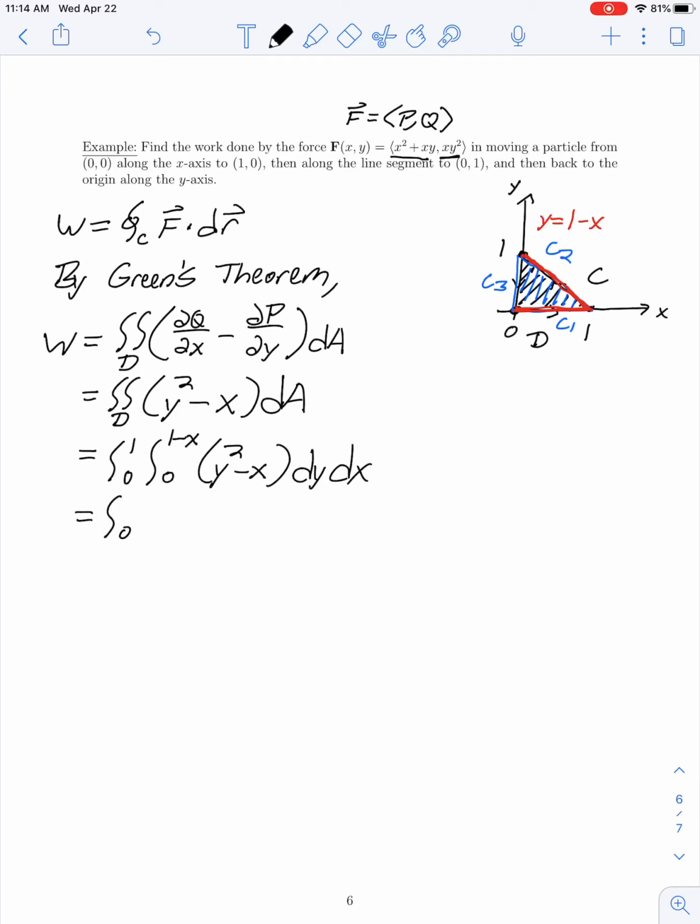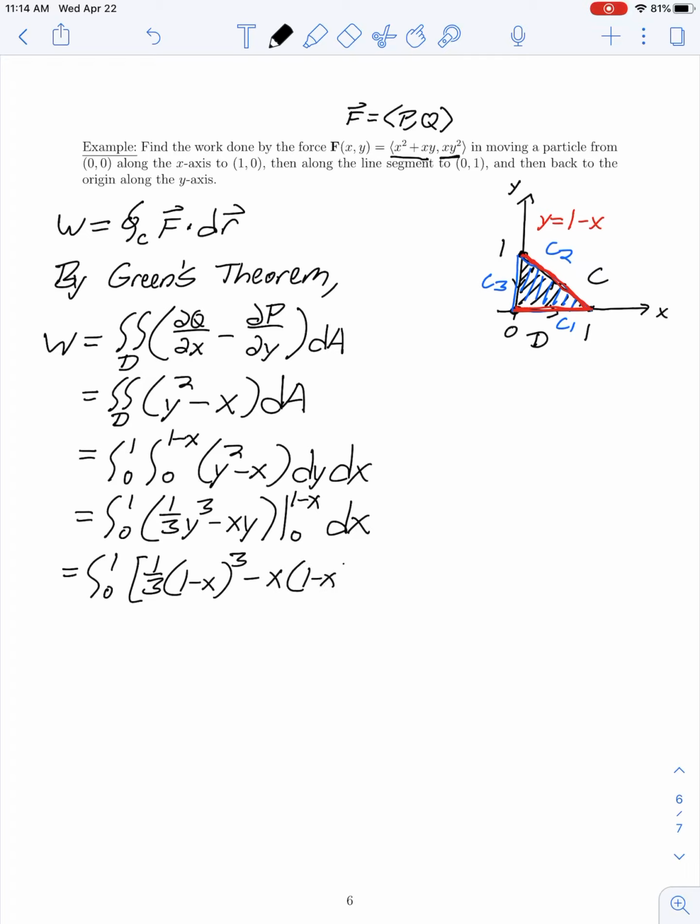We have now the integral from 0 to 1 of our antiderivative, 1/3 y cubed minus xy, evaluated from y equals 0 to 1 minus x, and then integrated with respect to x. So evaluating at y equals 1 minus x, we have 1/3 of (1 minus x) cubed minus x times (1 minus x) dx.